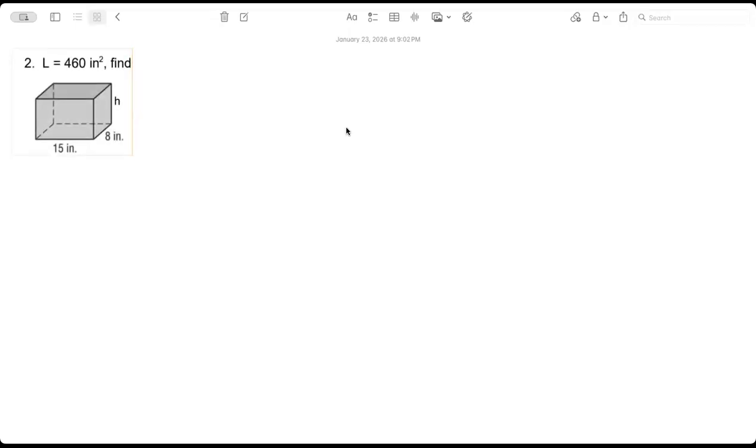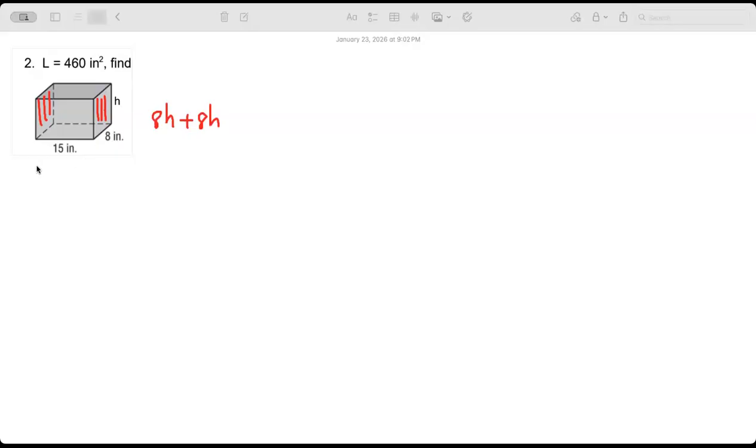Now let's see this one. Here the lateral surface area is 460 inch square. What is the height? How will I do this? First this side. This is going to be the same as the left side. So 8h plus 8h.